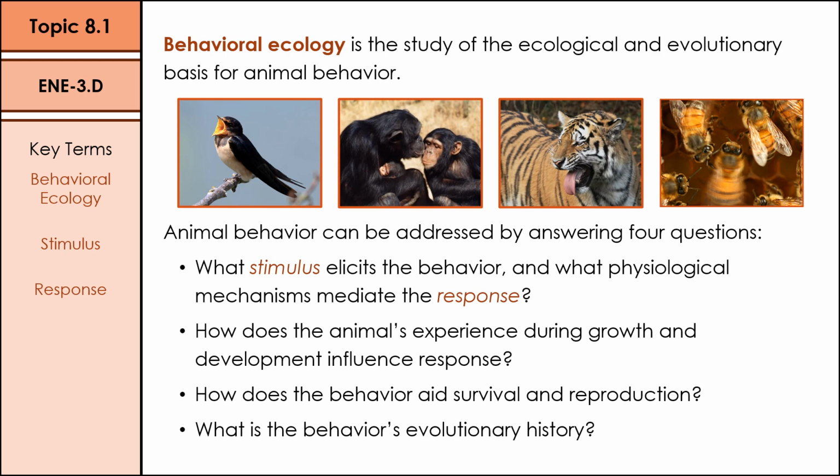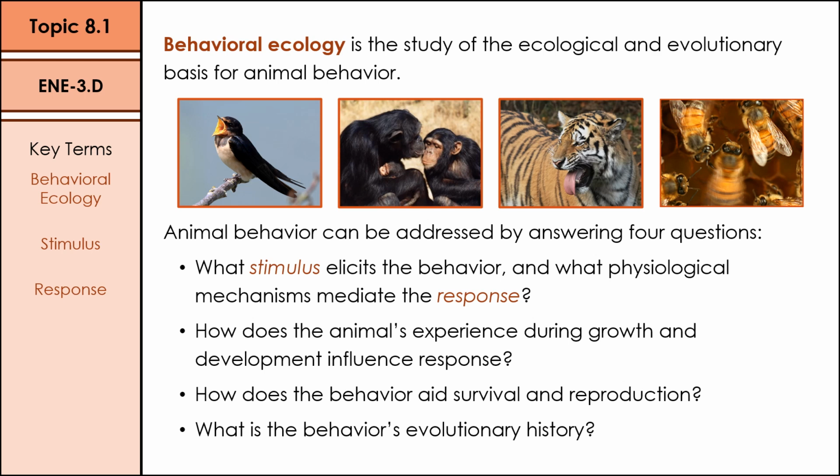When we look at behavioral ecology, we're really going to focus on the proximate and ultimate causes of that behavior. So we're going to address four major questions. What stimulus elicits the behavior, and what physiological mechanisms mediate the response? How does the animal's experience during growth and development influence the response?